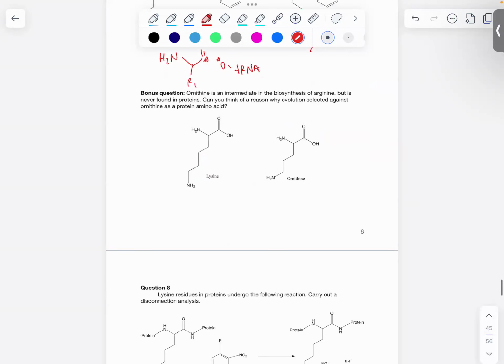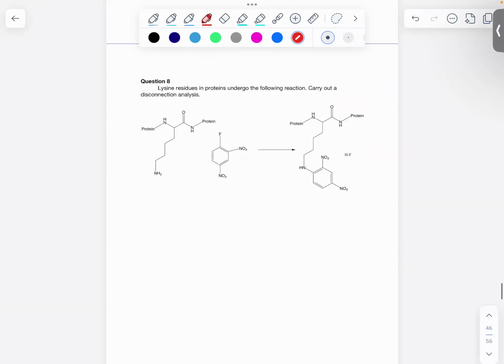So I'm going to forego the bonus question for now. Moving to question 8, we can do a disconnection analysis on this lysine modification. And so we know that we'll lose one of these protons and we will lose the fluorine.